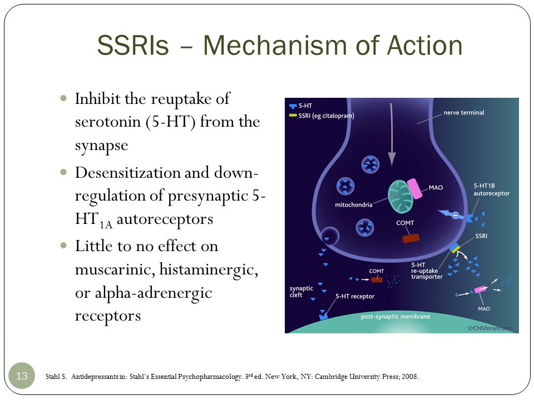You'll also notice that I have something listed here with the desensitization and downregulation of presynaptic serotonin 1A autoreceptors. So the 1A autoreceptor is really responsible for letting the neuron know that there's already serotonin in the synapse.